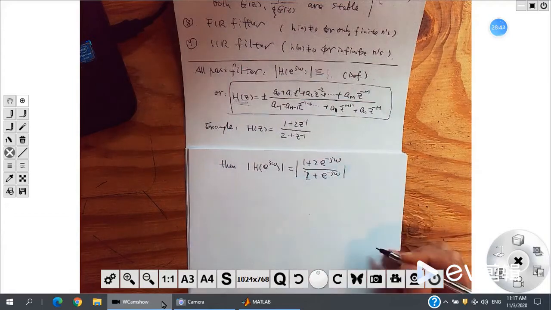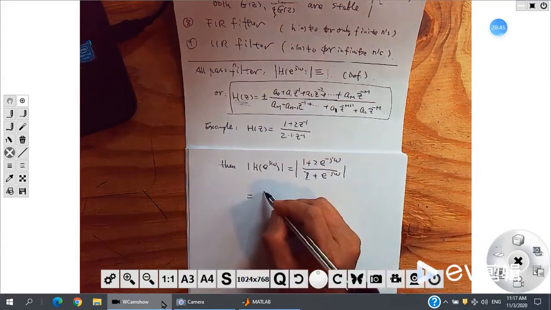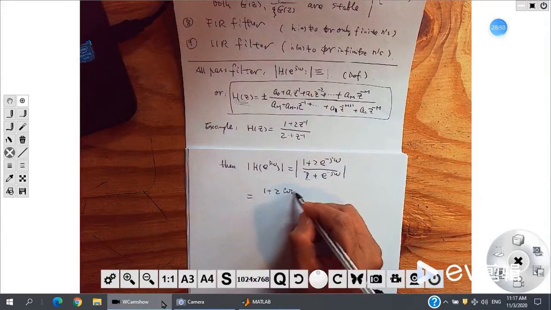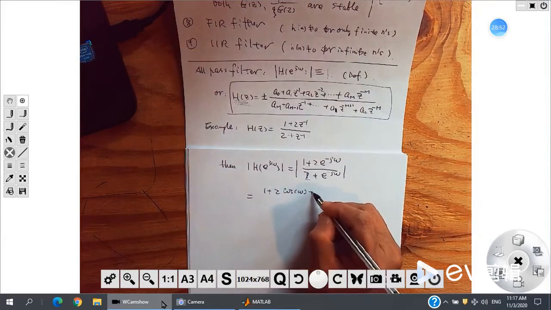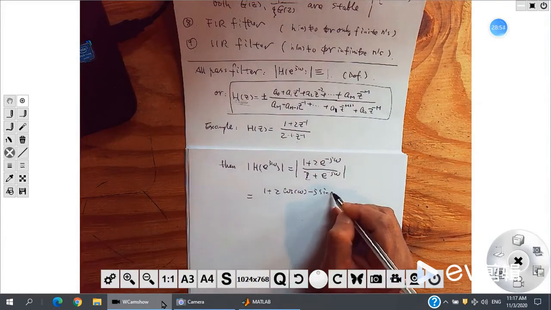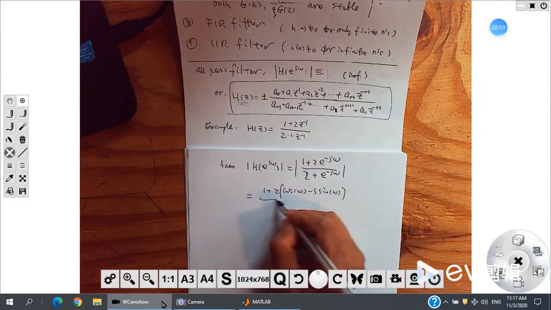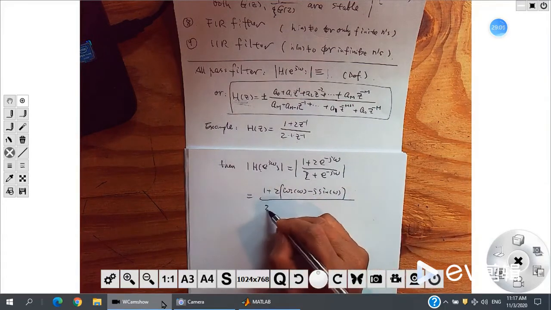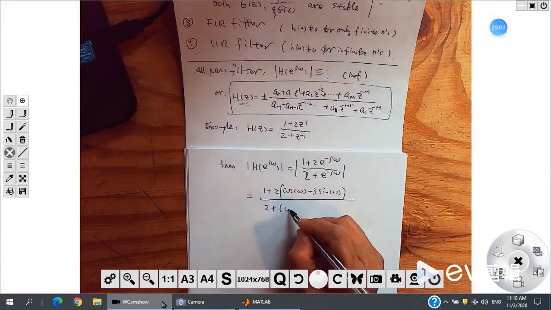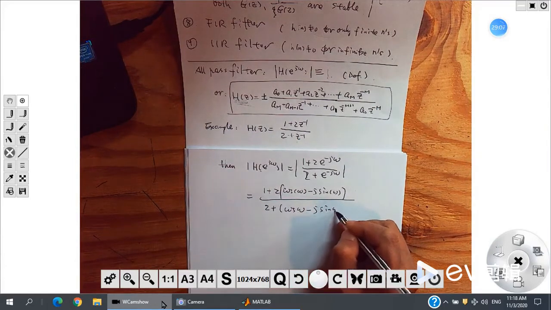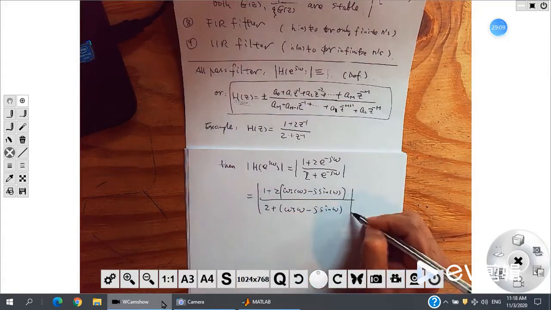We have this. Then I plug in: 1 plus 2 times this exponential, which is actually cosine omega minus j sine omega, right? This is the numerator. The denominator will be 2 plus cosine omega minus j sine omega, the magnitude.